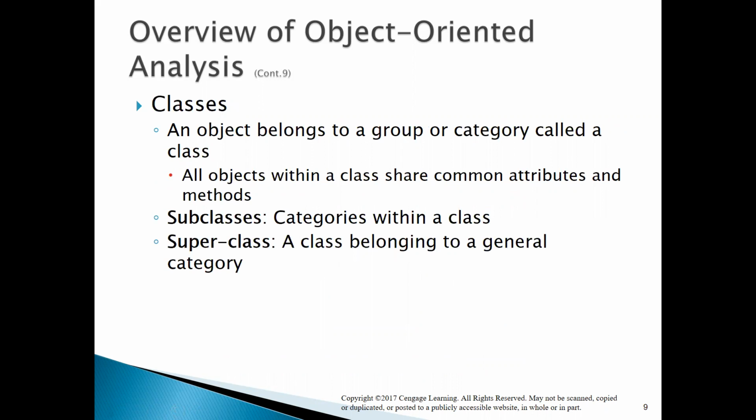Subclasses are categories within a class. For example, we've just mentioned human. So human, either adult or kids. Parent would go under adults, the child would go under kids. Superclass is a class belonging to a general category.